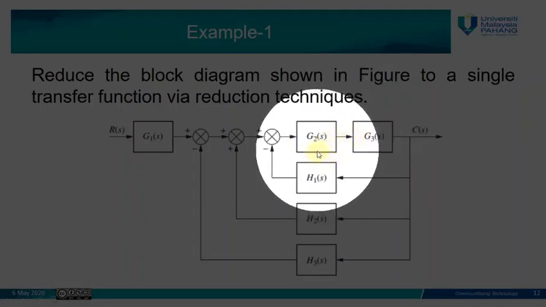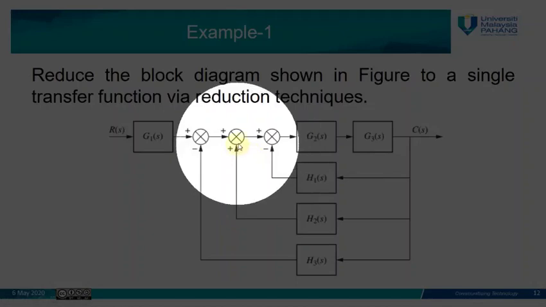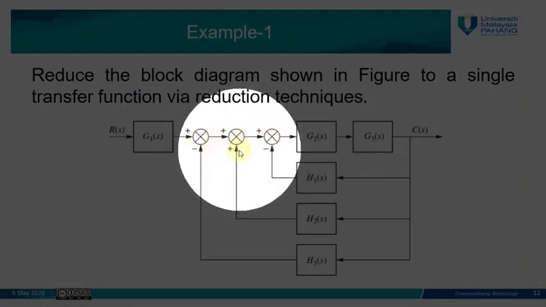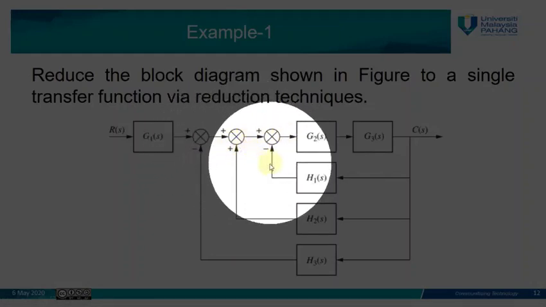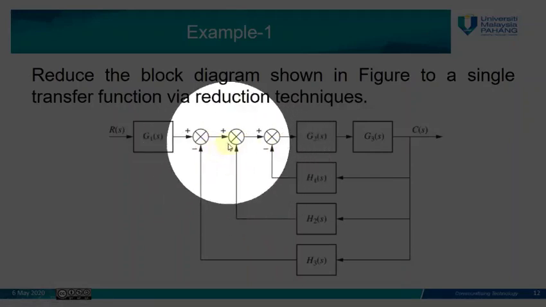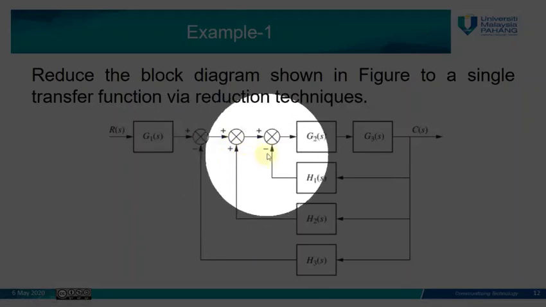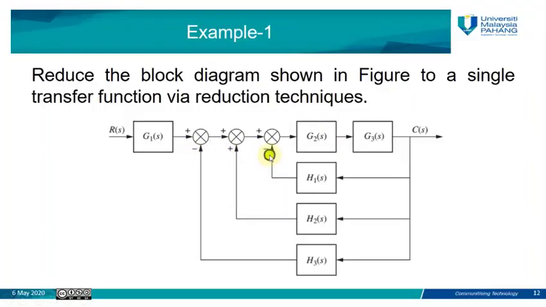Next, we have three summing junctions connected in series here. So I can combine these three summing junctions into a single summing junction with four inputs and a single output. We have this input, this is the second input, this is the third input, and this is the original input.